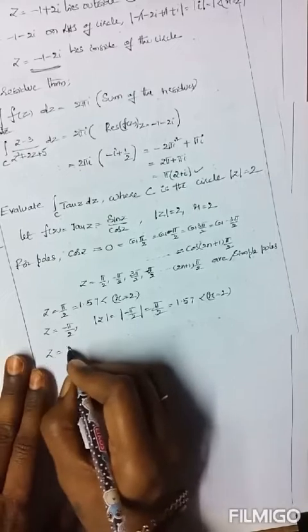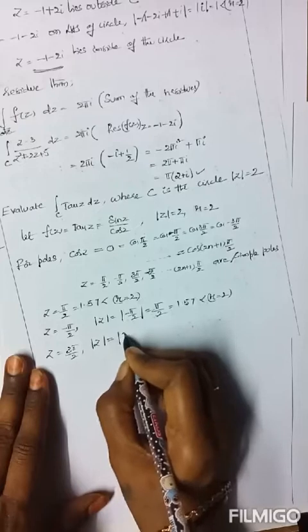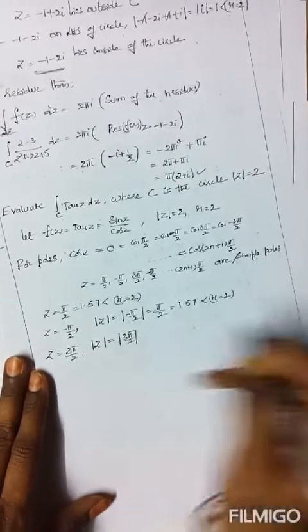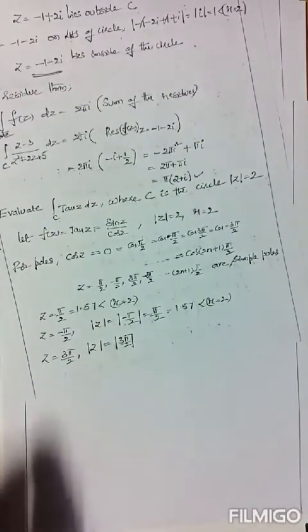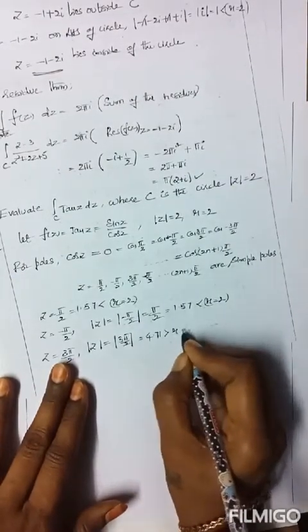Next point, z equal to 3 pi by 2. Modulus of z equals modulus of 3 pi by 2. Using a calculator, you can write 4.71, which is greater than the radius.